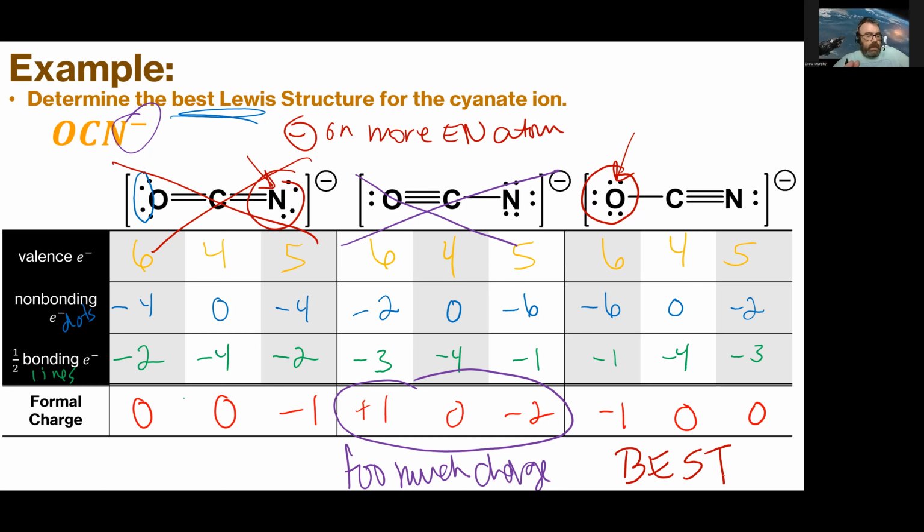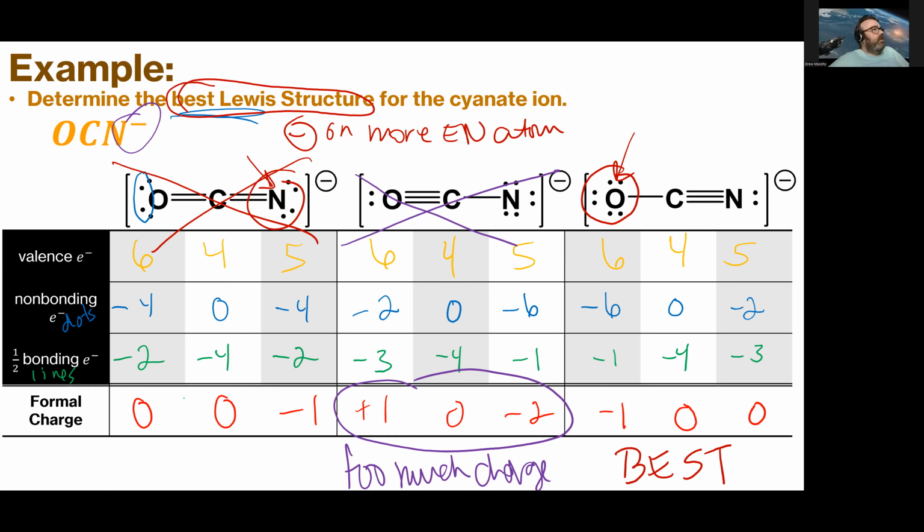You can theoretically do this with any Lewis structure you want. I will say that you don't always have to do it for everything. If it's specifically asking us for the best Lewis structure, then we're going to have to use formal charge to figure it out.